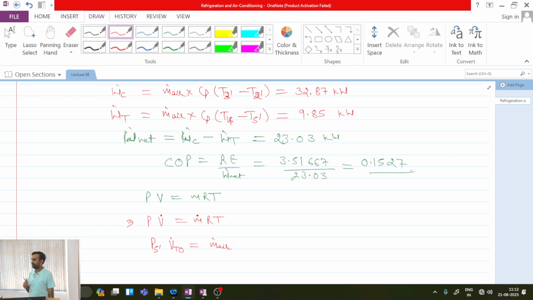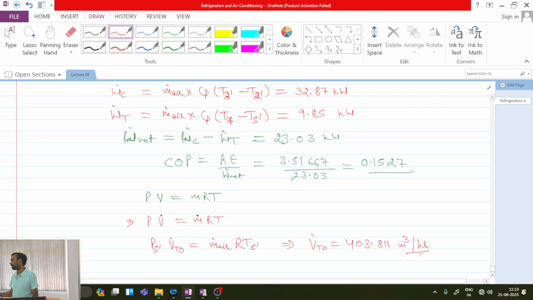Everywhere the same amount of air is flowing. Is this one clear? So m dot air into R will be a constant, and T5 dash. This we will be writing, and from here if I calculate V dot TO, it comes out to 403.811 meter cube per hour.